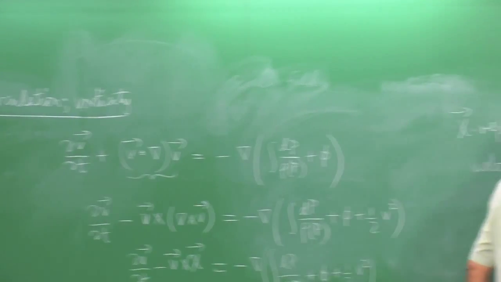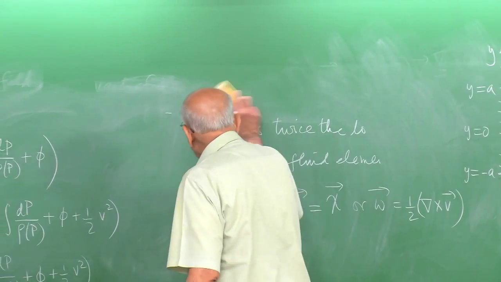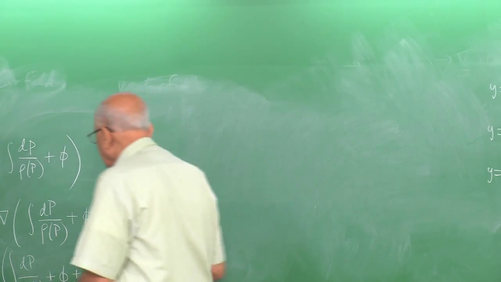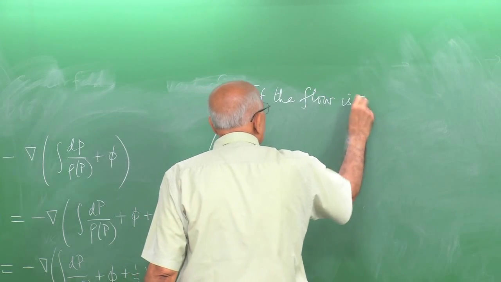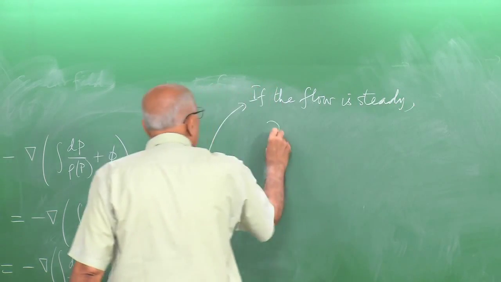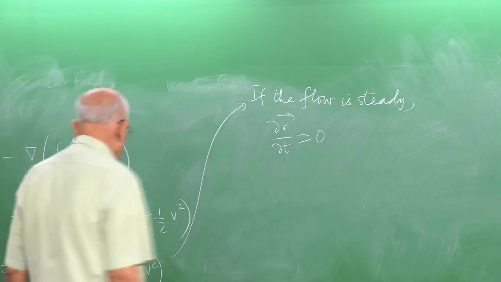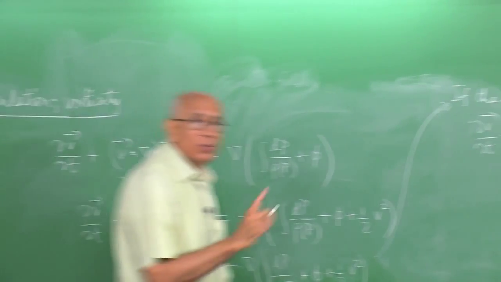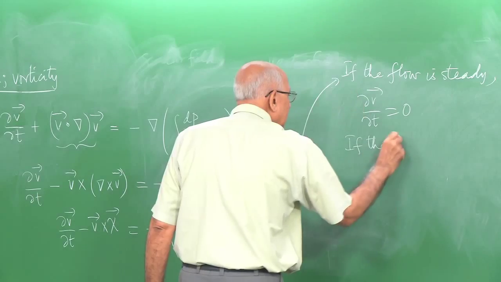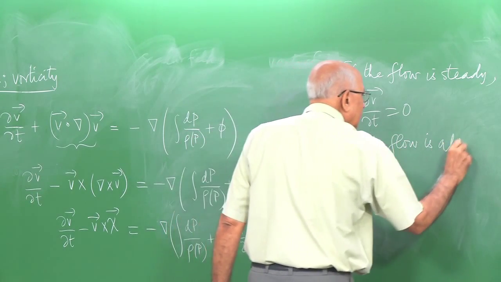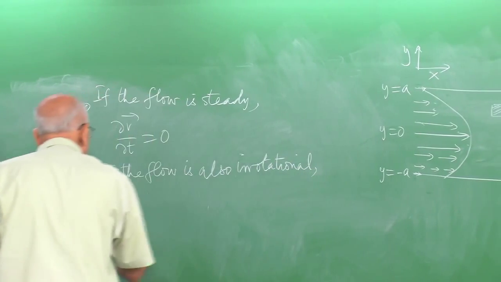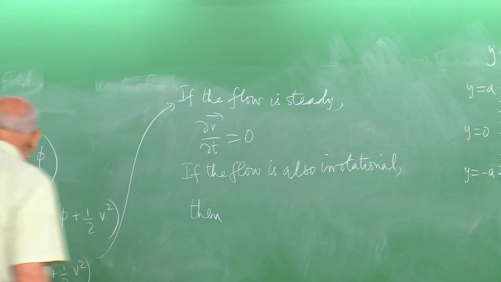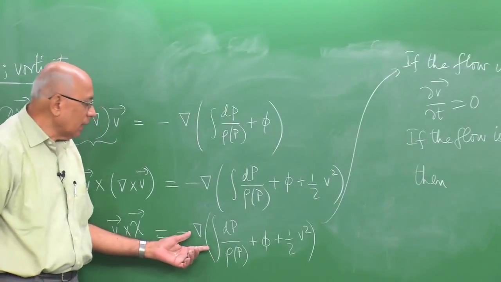Well, now you can see that if the flow is steady, this equation, delta V over delta t is 0 out here, and moreover if the flow is irrotational, then, well, this term is 0 and this term is 0, and now even without dotting with V, this whole thing has a gradient which is identically 0.